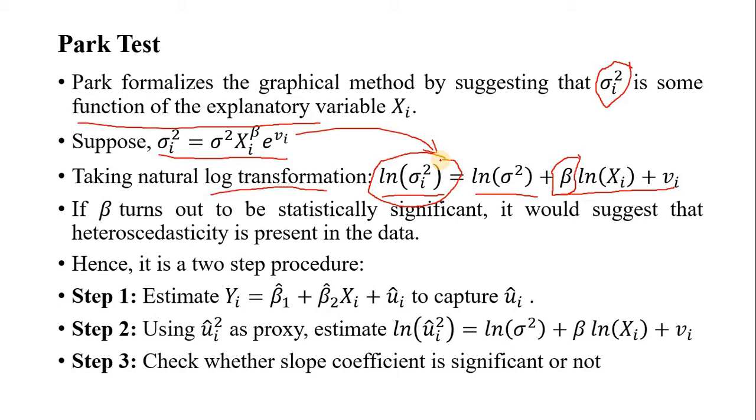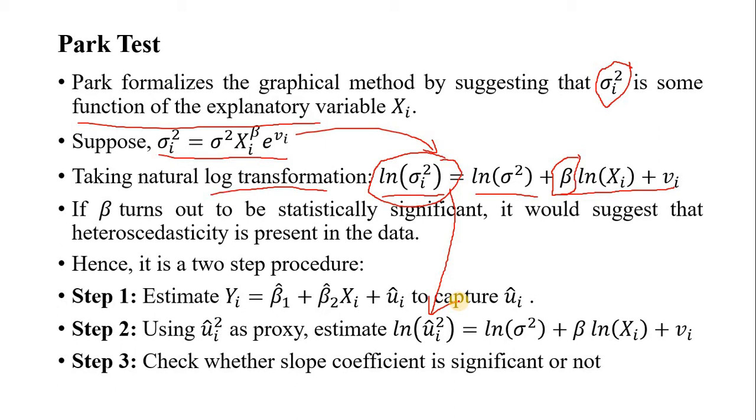If we had the population, then we could observe this. So Park suggests that if you don't know this value, you take ln u cap square as a proxy for ln sigma i square.